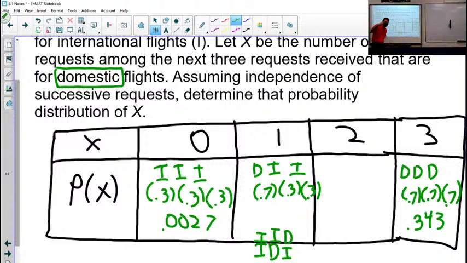So because there are three different ways that can happen, this is the probability of this specific combination of DII. So since I have three other possibilities, that triples my probability.